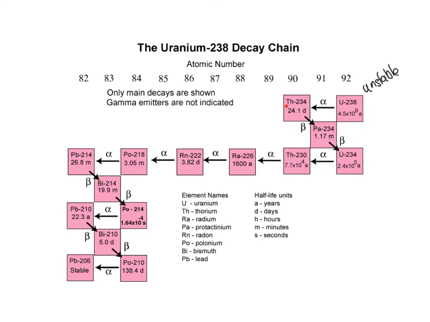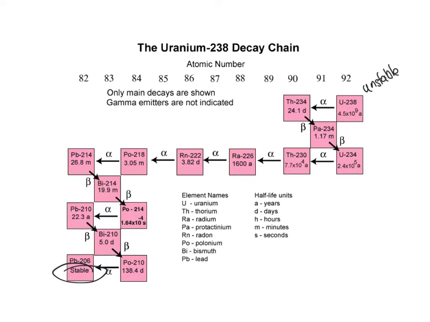Notice every time it is a new element, and we're also going to have a difference in mass. As we keep going down, it keeps decaying until we finally get something that is stable. So we have lots of different intermediates.